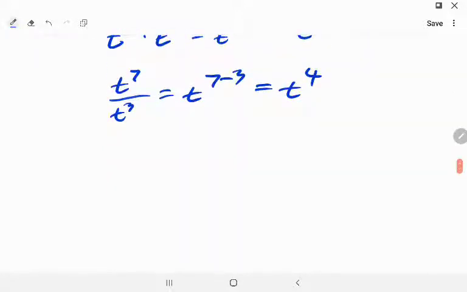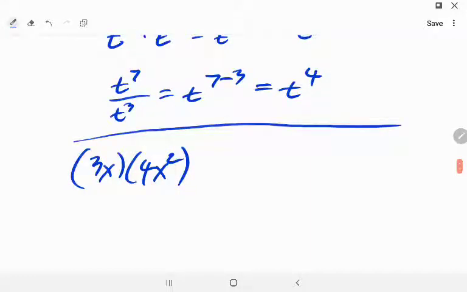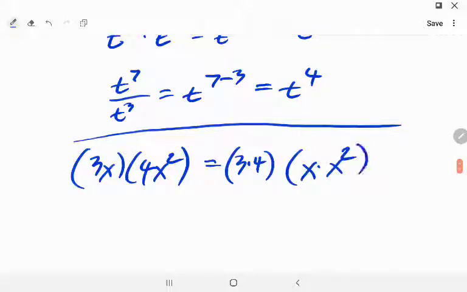So then if we have more complicated expressions, if we're going to look at something like 3x times 4x squared, we remember that when we've got coefficients and variables, those are going to get treated separately. We're going to take 3 times 4 times x times x squared, and so we get 12x cubed.